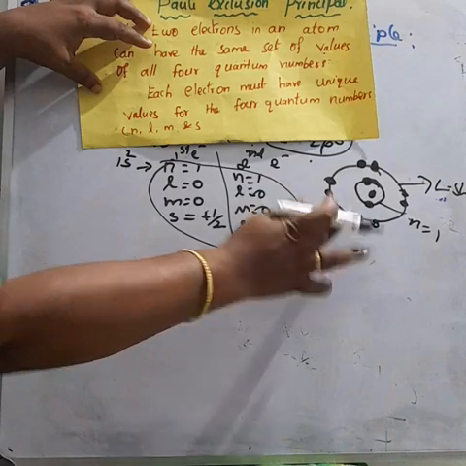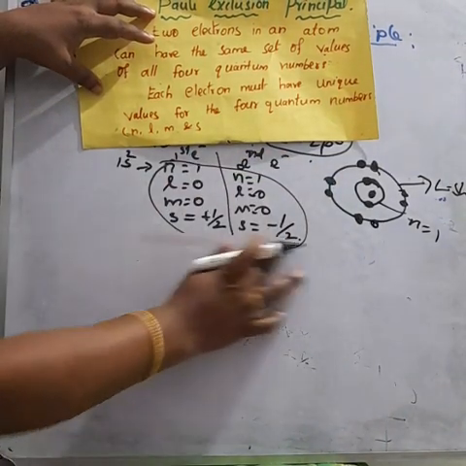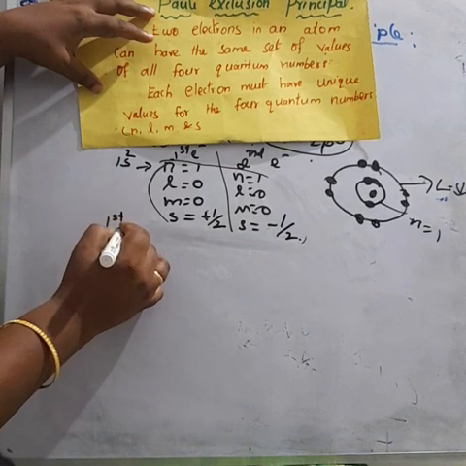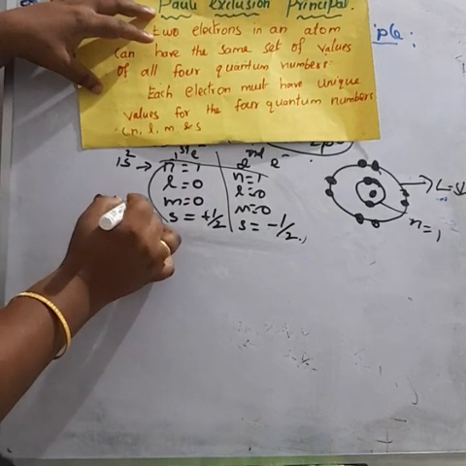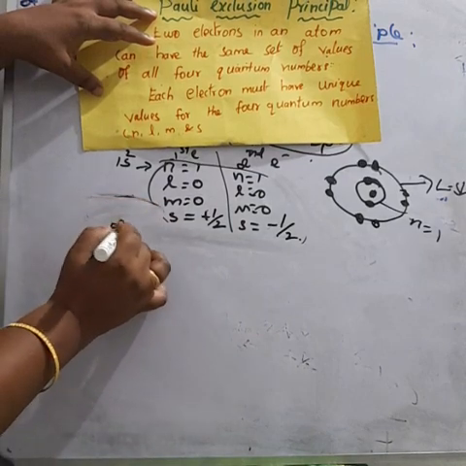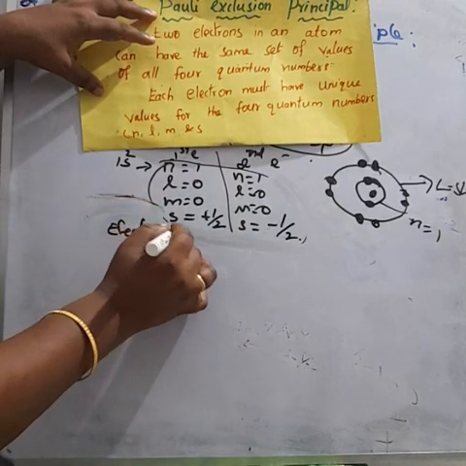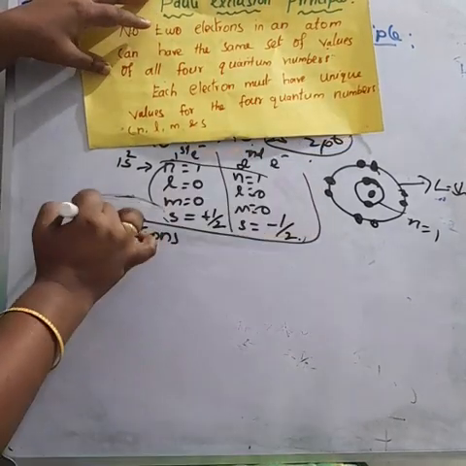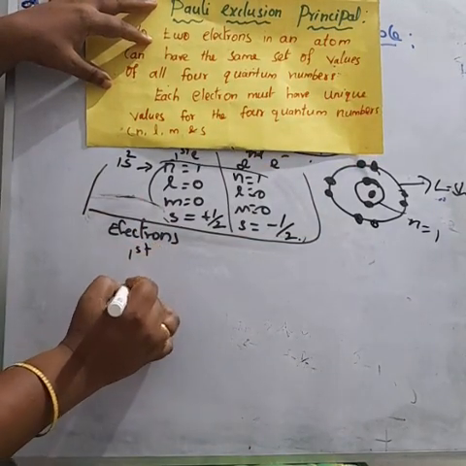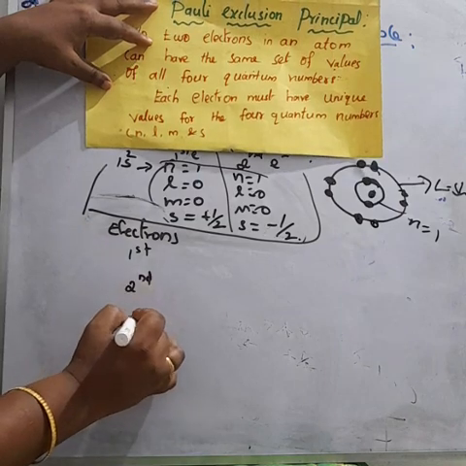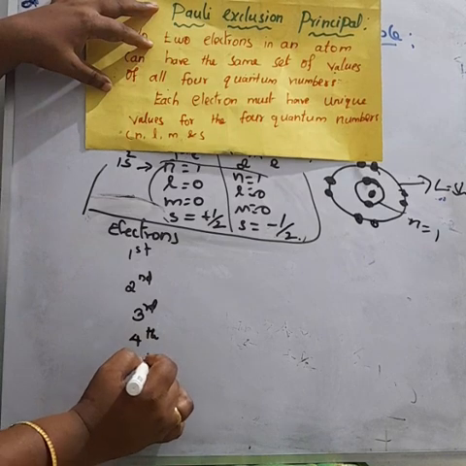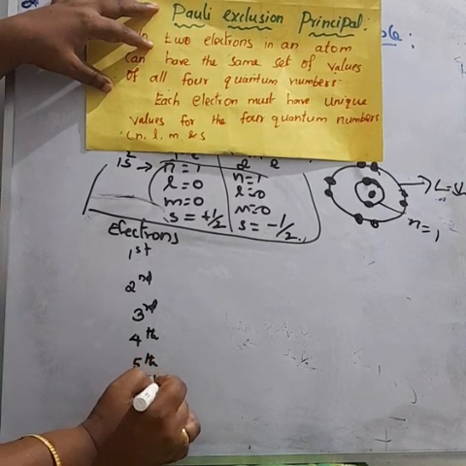Listen here. Now we are going to write all the 4 quantum numbers of the second shell, L shell, 8 electrons: first electron, second electron, third electron, fourth electron, fifth electron, sixth electron, seventh electron and 8th electron.